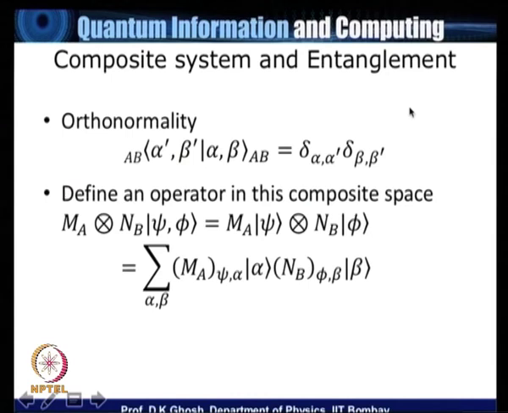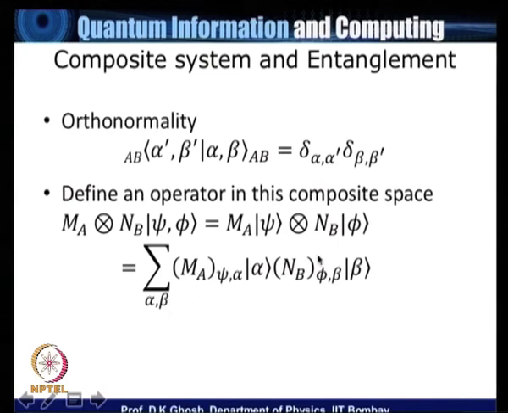Now, analogously, I can now define an operator in this composite space. Suppose I talk about this operator, this is a direct product sign, M_A cross N_B. Now, it acts on a state psi phi. So, what happens actually is, the operator M_A acts on the state psi, N_B acts on the state phi, and I know that an operator acting on the state gives me a linear combination of vectors in that subspace, and likewise here. So I would get a situation like this.